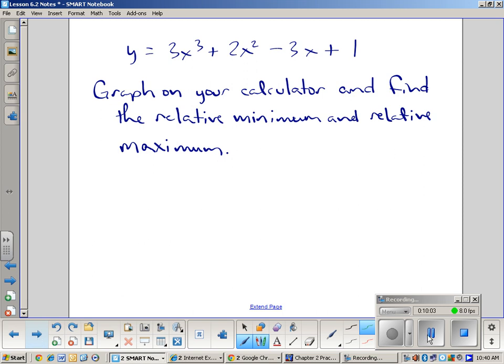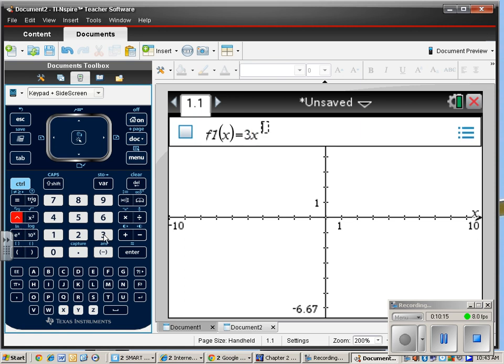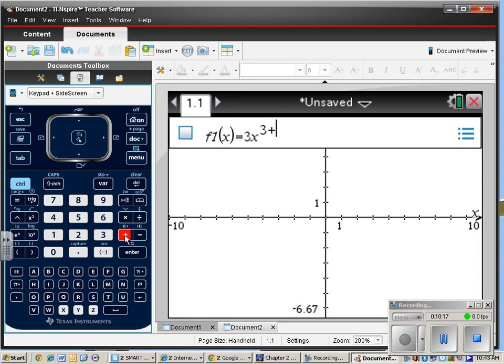Okay? So I'm going to type my equation here. Anybody tell me what it was? 3x cubed plus, oh, thank you.